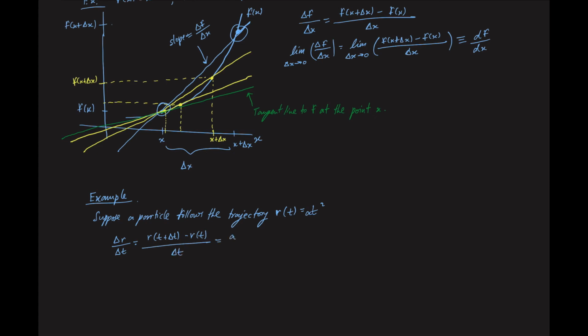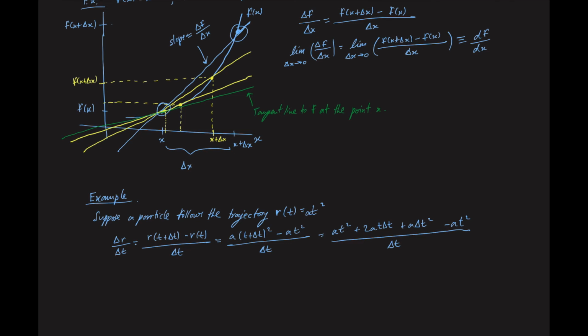Substituting the values in and expanding, we get a t squared plus 2at delta t plus a delta t squared minus a t squared all over delta t.